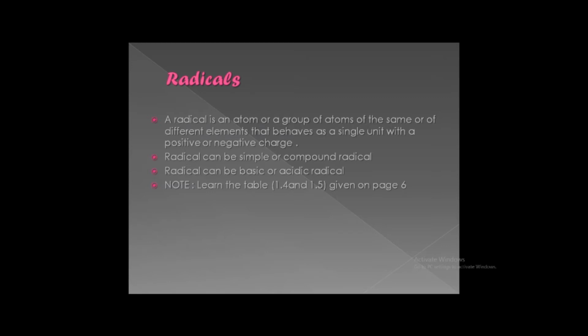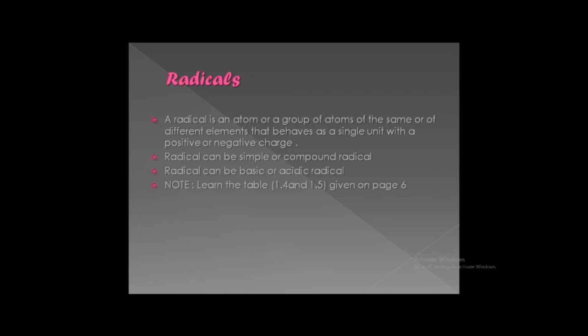A radical can also be defined as a basic or acid radical. When a chemical reaction takes place, for example, potassium hydroxide reacts with HCl, the product formed is potassium chloride plus water.